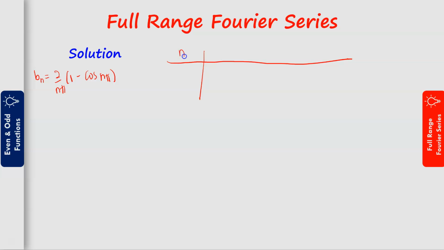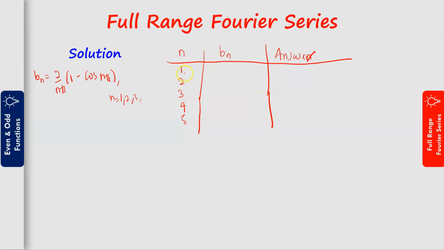The first column is n, and the next one is bn, the answer for this bn. Our n is 1, 2, 3, and so on, if you still remember the Fourier series formula. So n is 1, 2, 3, 4, 5, and so on.